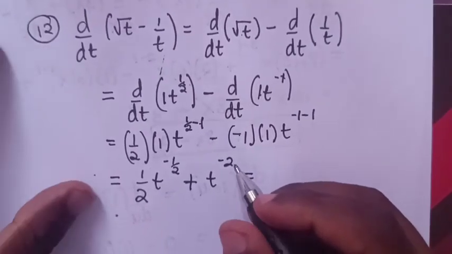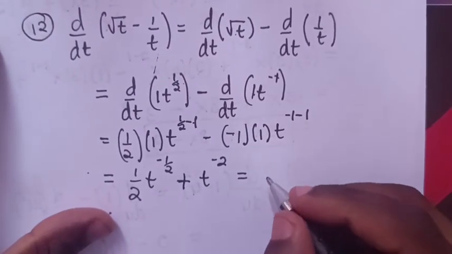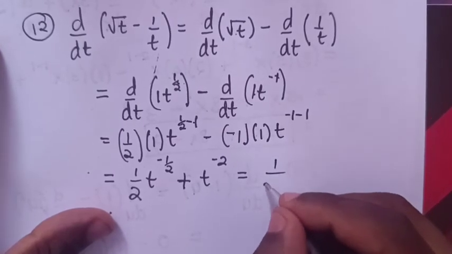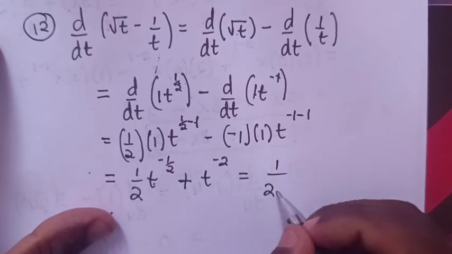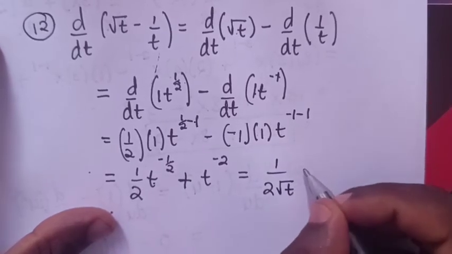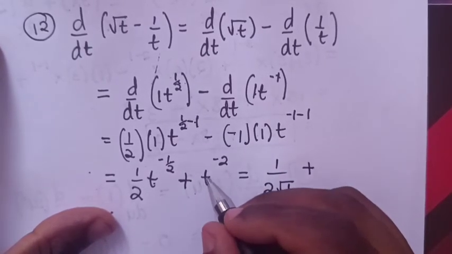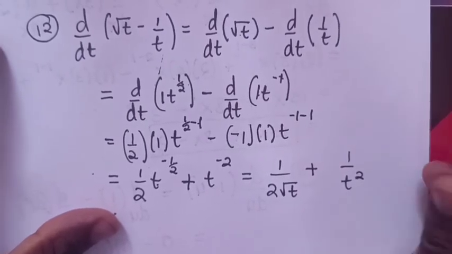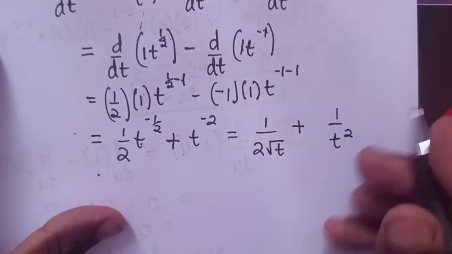Negative 1 minus 1 is negative 2. So here it will be a half, and this is t to the power of negative a half, so it will be a square root in the denominator, and plus this one, which will be in the denominator, t squared.